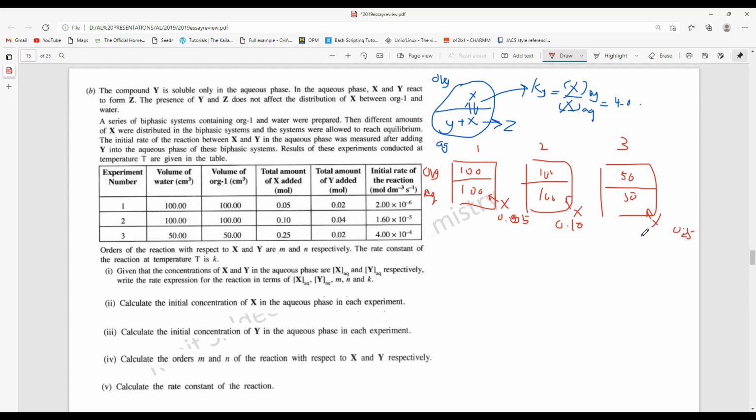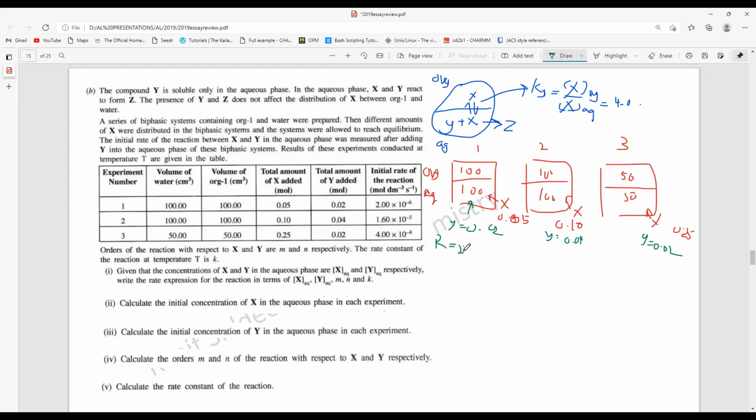0.25 moles of X. And then what they have done is they have added Y. So how much Y they have added? We have to calculate that one here. Y is given. You don't have to calculate: 0.02, and here Y is 0.04, and here Y is 0.02 again. So very nice. So these are the 3 systems, and they have found the initial rate also.